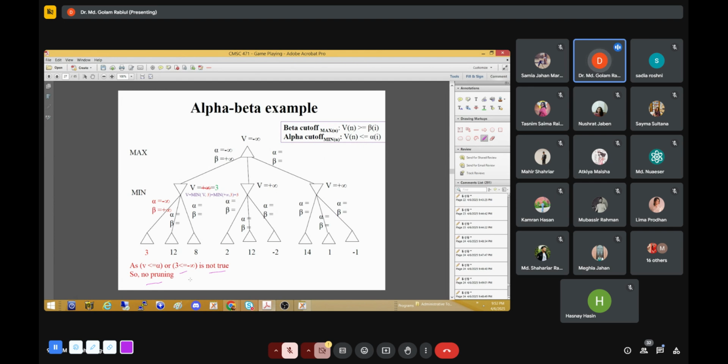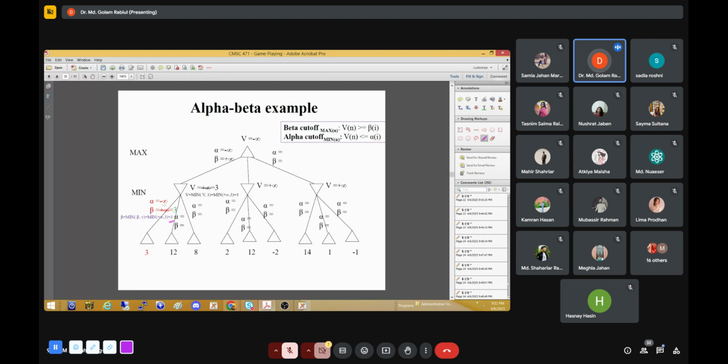If no pruning, in that case, we have to update the value of beta using this equation. This is the minimum of the existing beta value and the v value. So existing beta is positive infinite, and v is 3. Between these two, which one is minimum? The minimum is 3. So beta will be updated, now beta is 3.